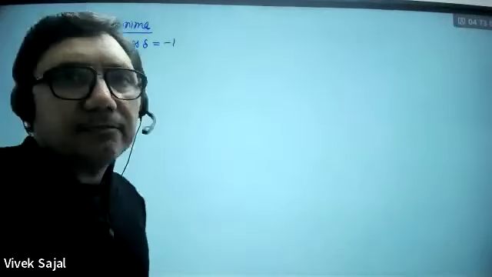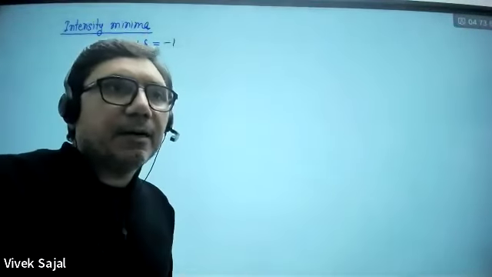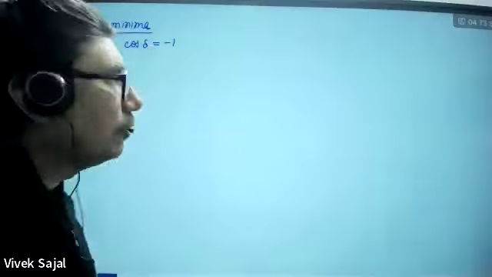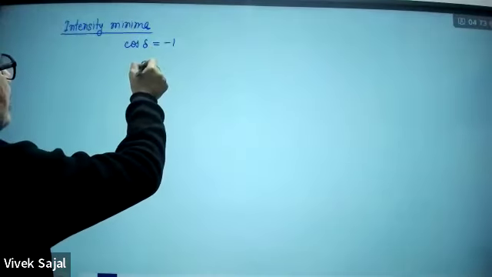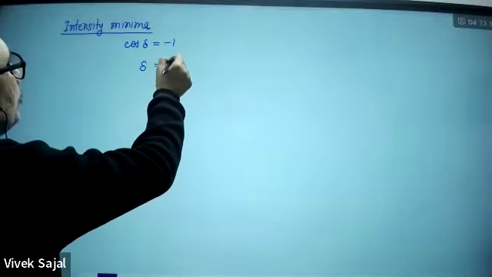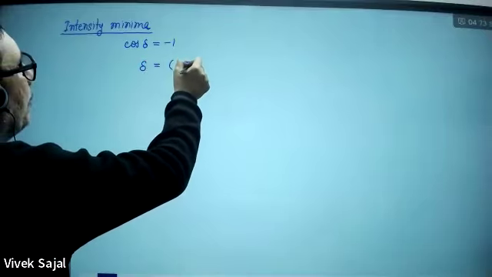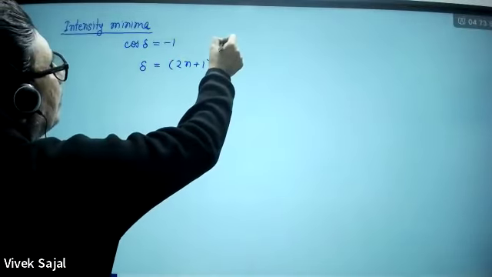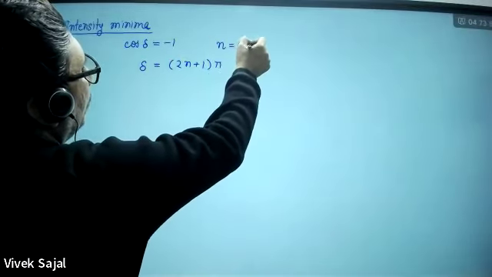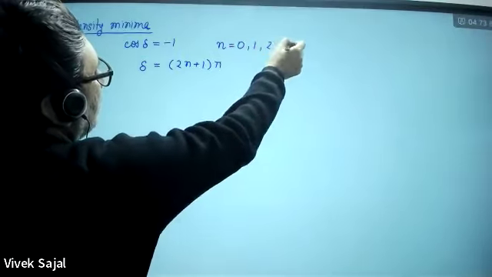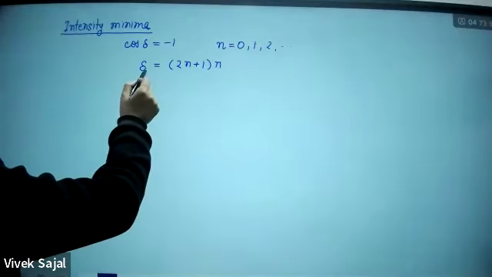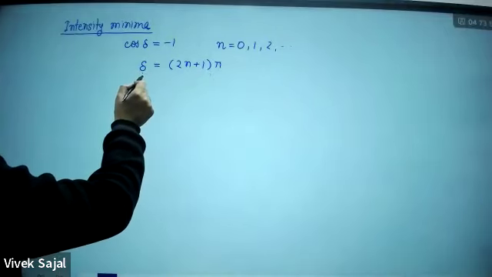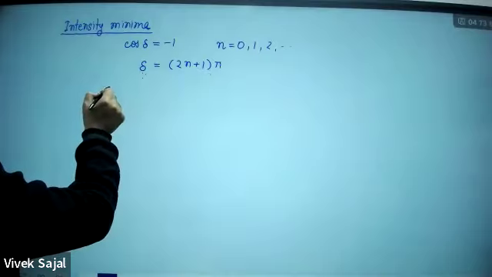It will be at pi, when delta is pi, then 3 pi, 5 pi, 7 pi. So delta will be (2n plus 1) pi, where n is equal to 0, 1, 2, like this. So if I place this delta, I want to find out the path difference corresponding to this.